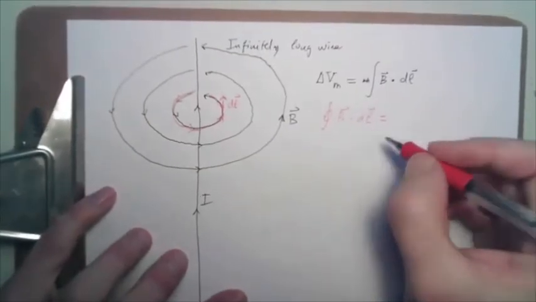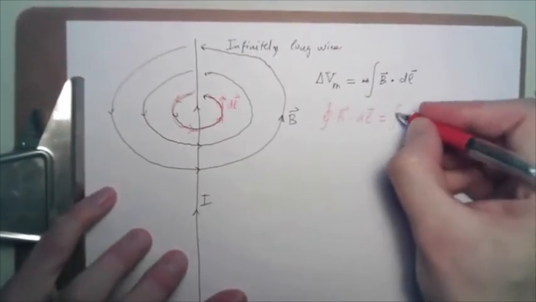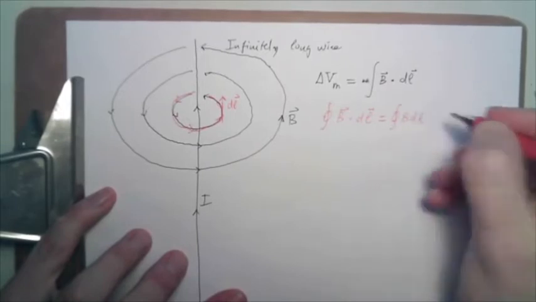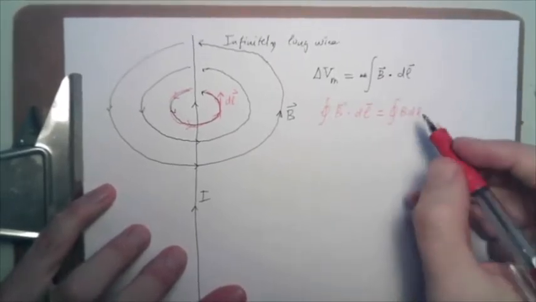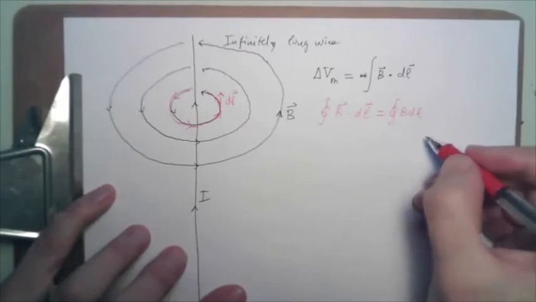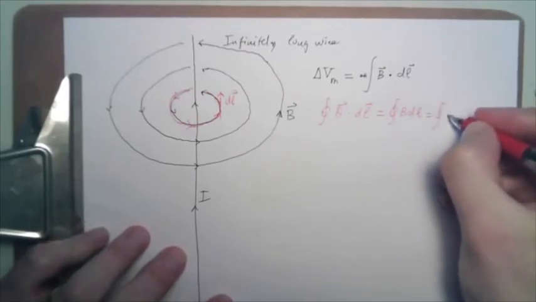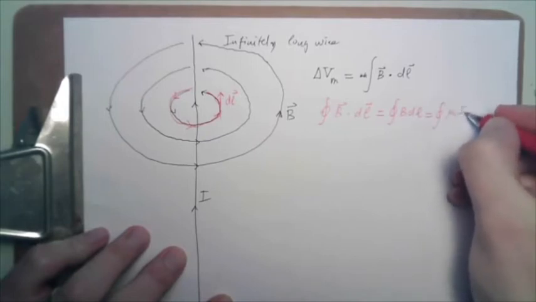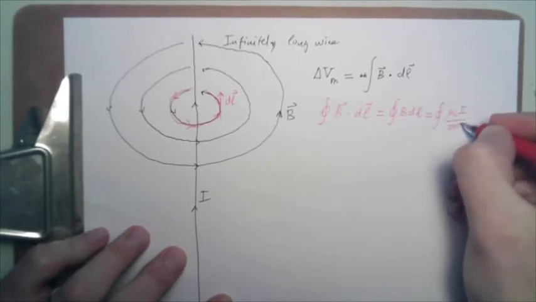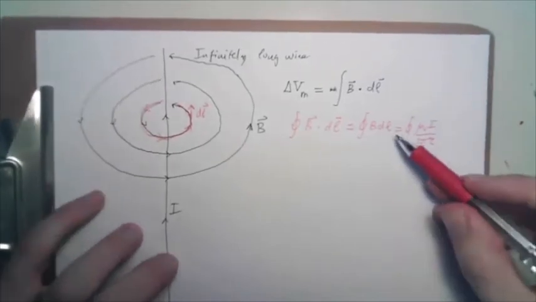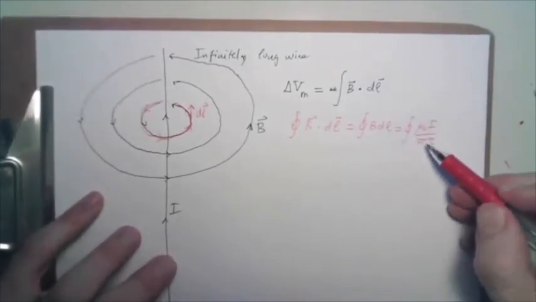Now, that means we'll do B dl. And we know that the magnetic field is mu naught I over 2 pi r. And we know that that's the same field everywhere.